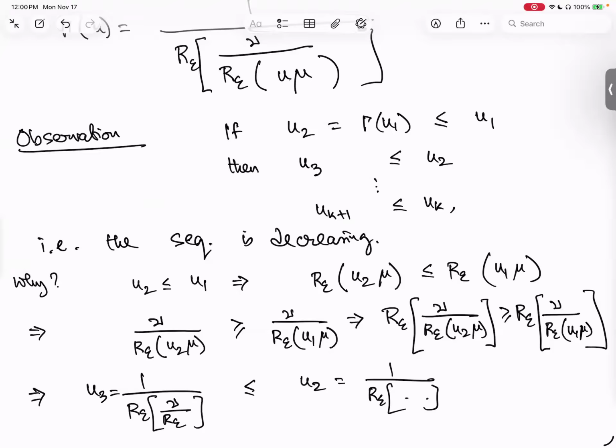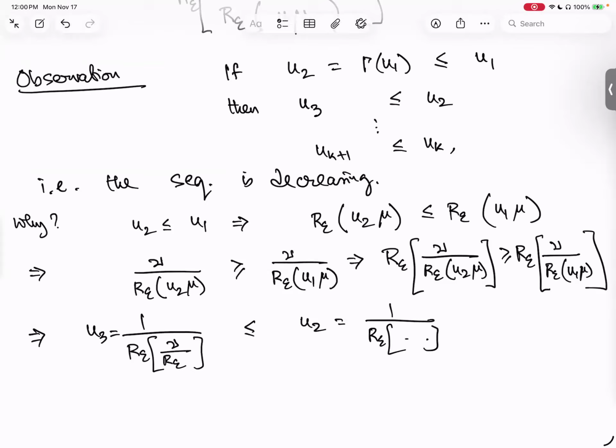And therefore, by iterating, I get U1 is greater than or equal to U2, is greater than or equal to, and so on. This becomes a decreasing sequence. All decreasing sequences must admit limits.